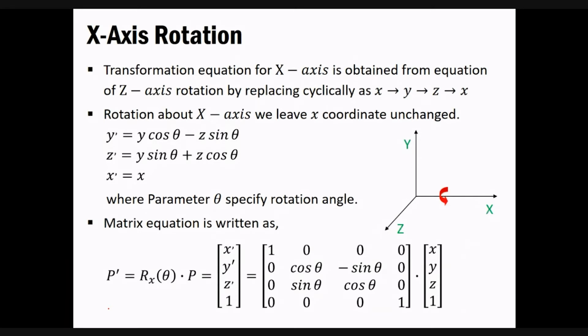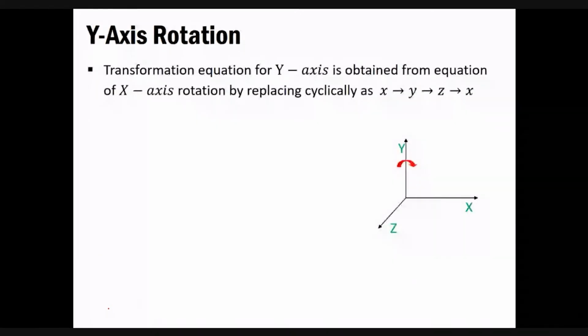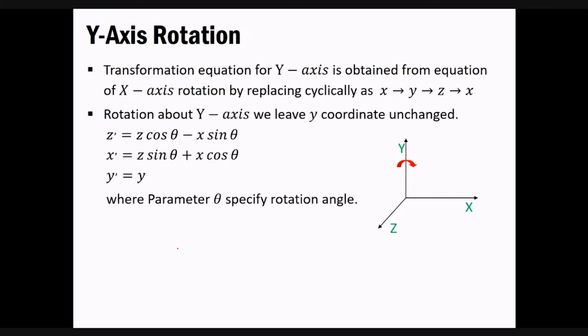Now for the y-axis, the transformation equation for the y-axis is obtained from the equation of x-axis rotation by replacing cyclically as x, y, z, and again x. So what it says is rotation about the y-axis will leave the y coordinate unchanged.